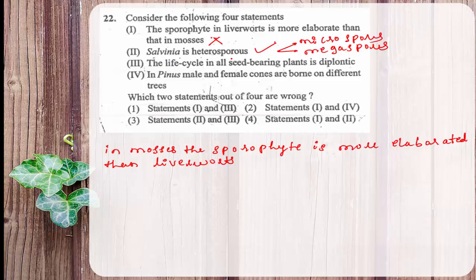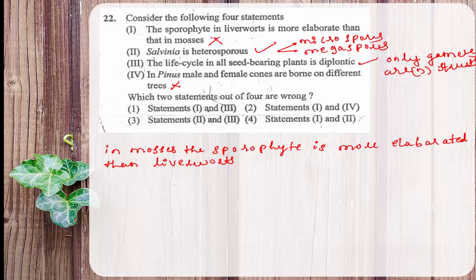The life cycle in all the seed bearing plants is diplontic. Only gametes are haploid structures, remaining are diploid.